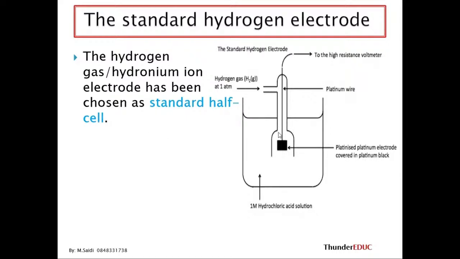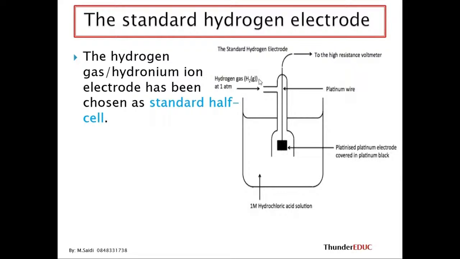Basically, if you look at this, you have hydrochloric acid. The reason you have hydrochloric acid is just to increase the conductivity. Then you have platinum; the electrode has been coated with platinum. Why do we put platinum here?